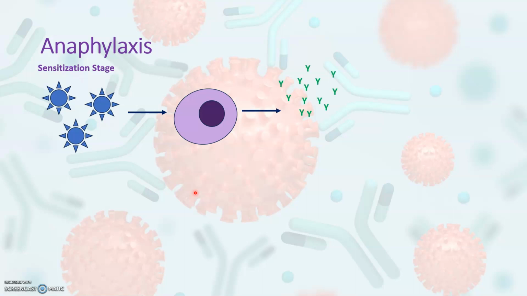And these tend to be IgE antibodies. These IgE antibodies then attach to the surface of mast cells by their Fc receptors. The patient is now primed for any subsequent exposure to this antigen.